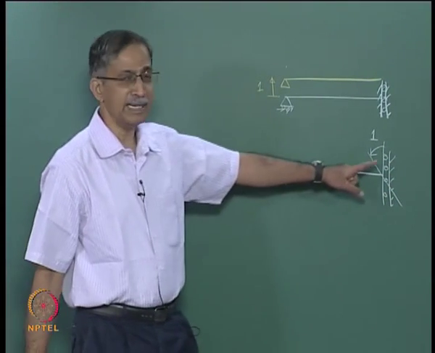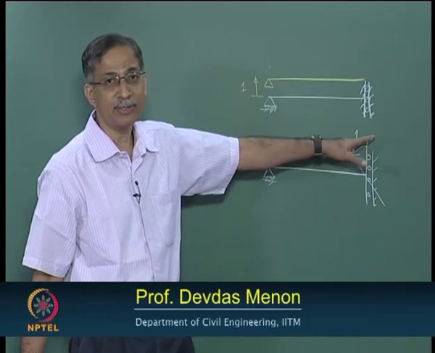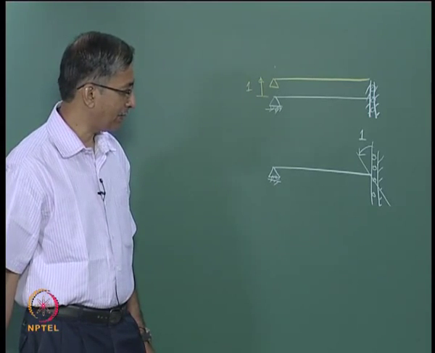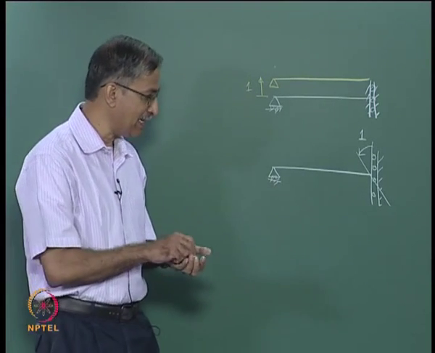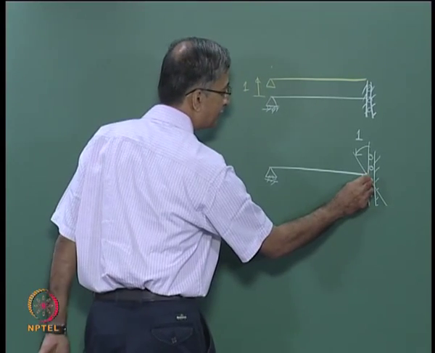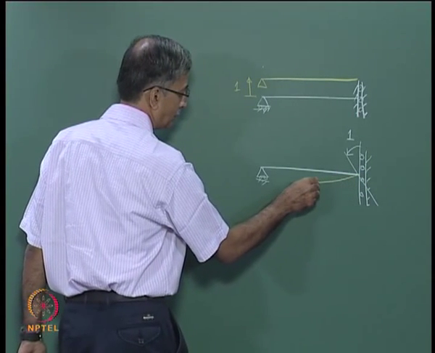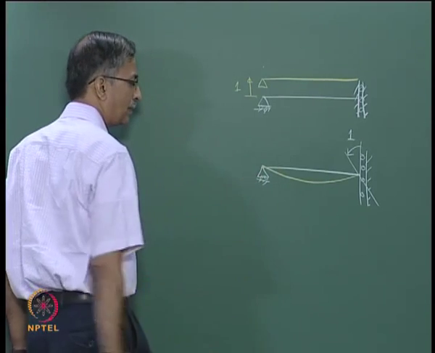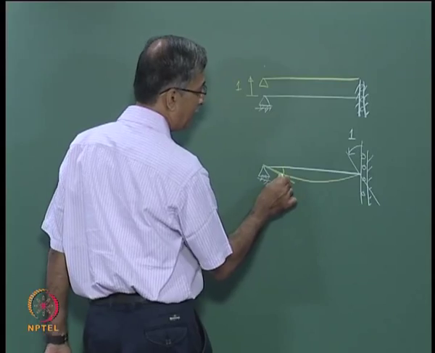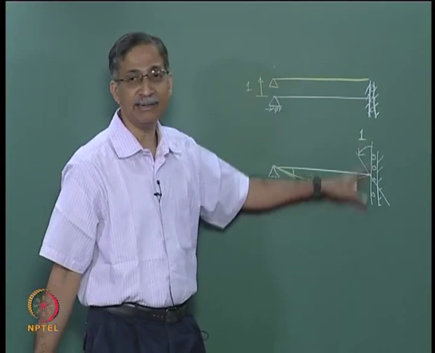And you must recognize that there is a possibility for the beam to deflect at this end because you have a guided roller support here. So this is a little tricky because you might be tempted to draw it like this, in which case this angle will be half this angle, which is not necessarily true because this can deflect.